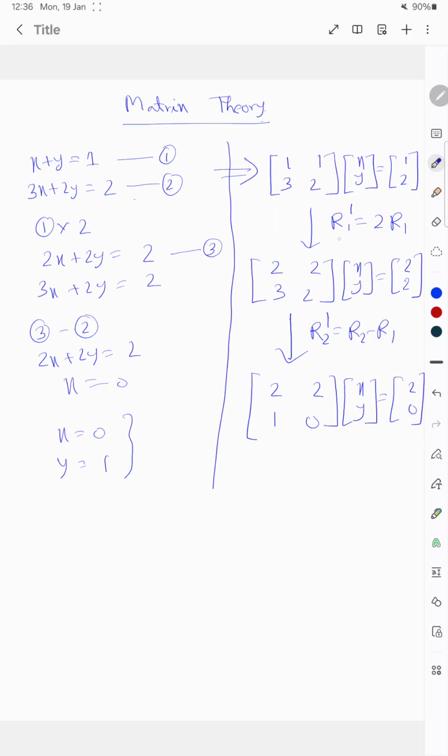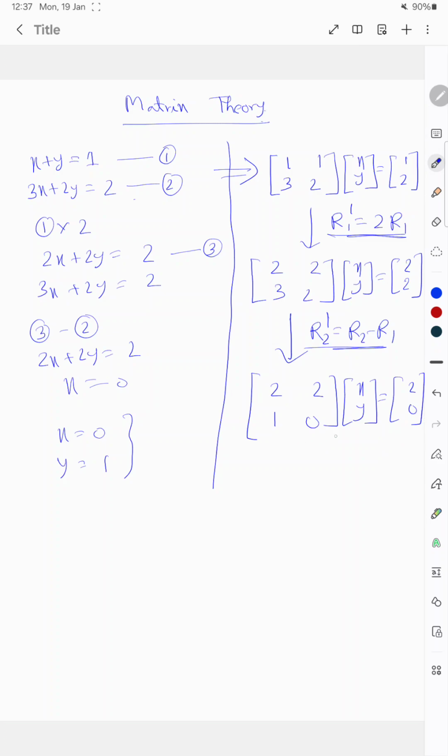So whenever we are doing here r1 dash is equal to 2 r1, we are not doing any operation on the second row, so that's why that is fixed. Okay, whenever we are doing the second operation, then we are not doing any operation on your first row, so that's why these elements are the same. Okay, so in this way you are getting the same thing.